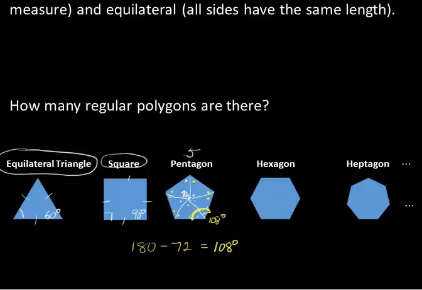Now for the hexagon, we need to know the measure of its outer angles too, this angle right here. We'd like to know what that is. And so if you think of the six little triangles you could form here, each one should look exactly the same. We would have 360 divided by 6 is equal to 60 degrees.